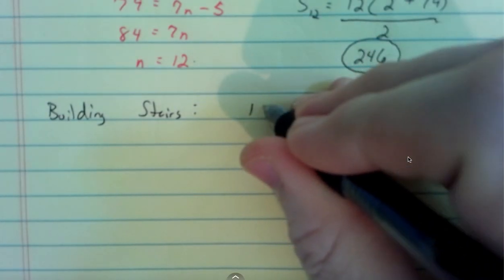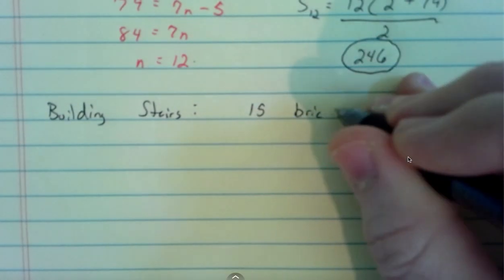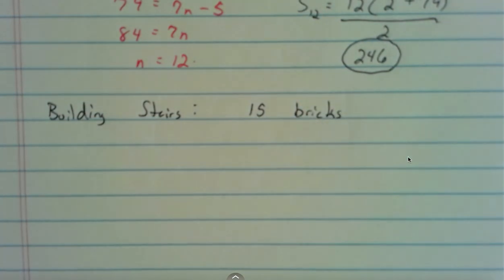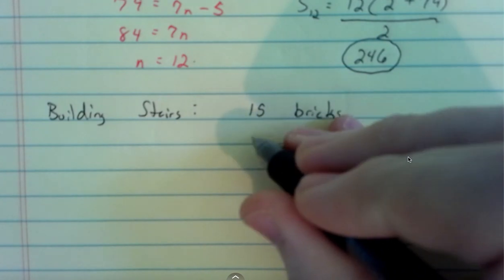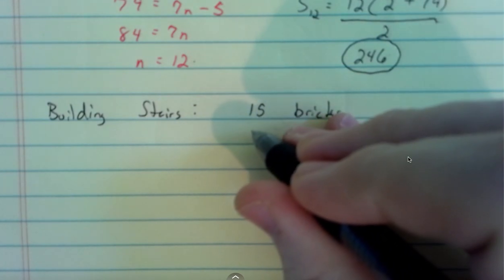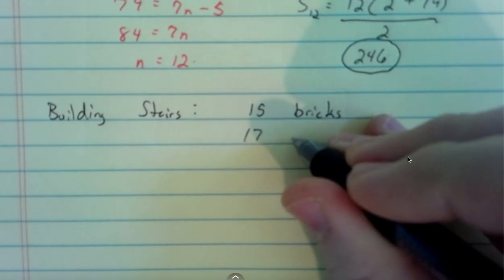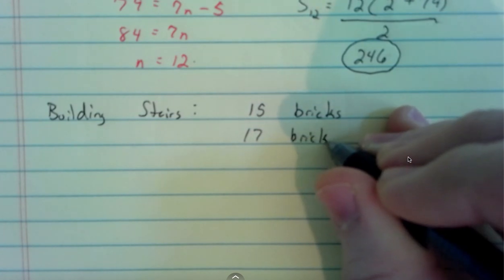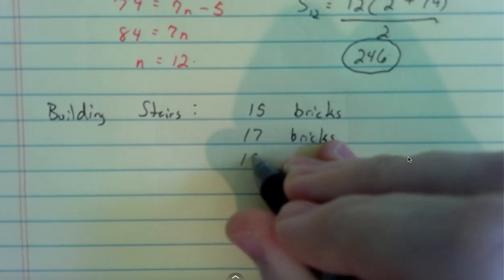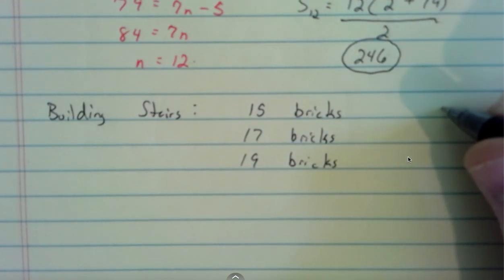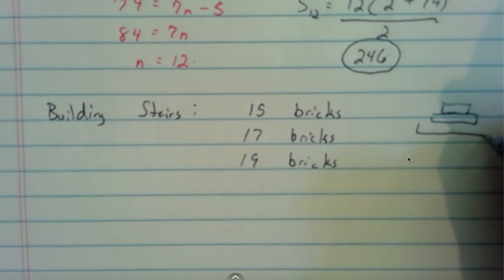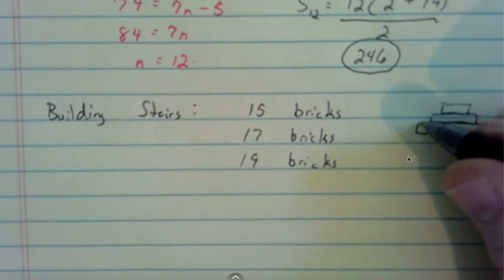There's 17 bricks on the next one, so 15 bricks, then 17 bricks, then 19 bricks. As these steps go down, you've got the top row, then the next row, which is one wider on either side, then the next one wider on either side, and it keeps on going like this.